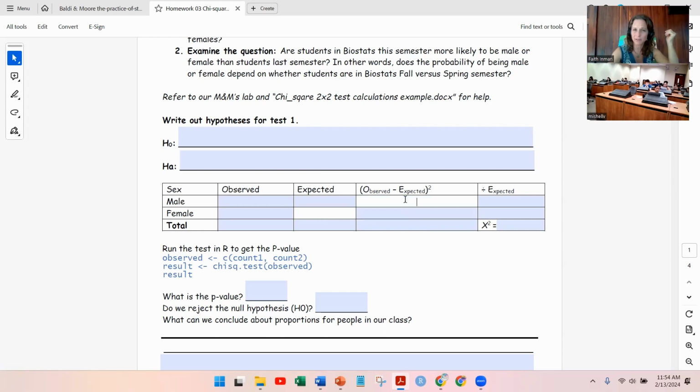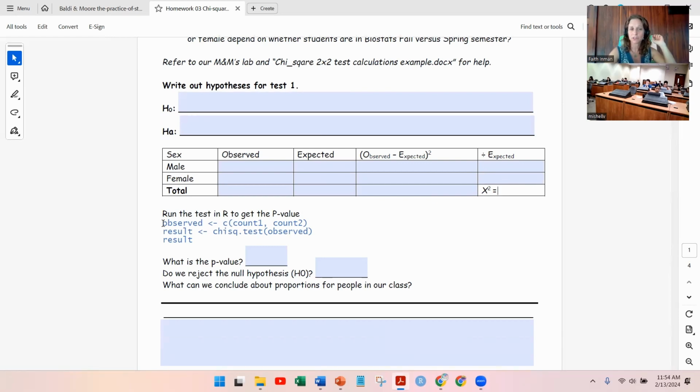So you just do the math. Observed minus expected, squared, divided by expected. Just follow the procedures, do the math, sum it up. That's your chi-square. Then you just copy and paste this into R, run it, and substitute your count one of observed male and count two of observed female, or you can reverse them.